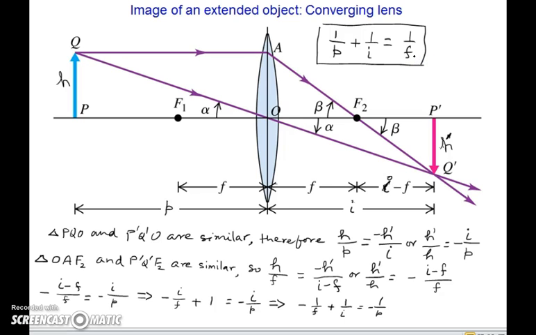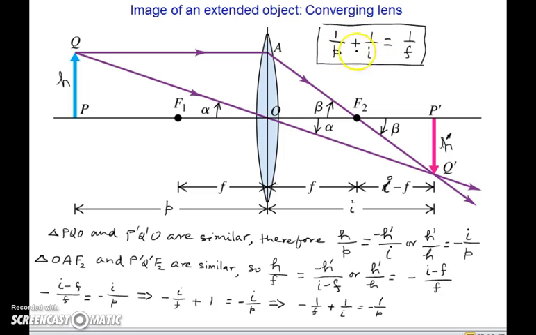This same object-image distance relationship with respect to focal length is also seen in a converging mirror, right? P is object distance, I is image distance, and F is the focal length of the lens.